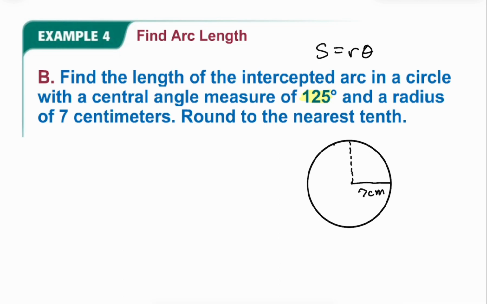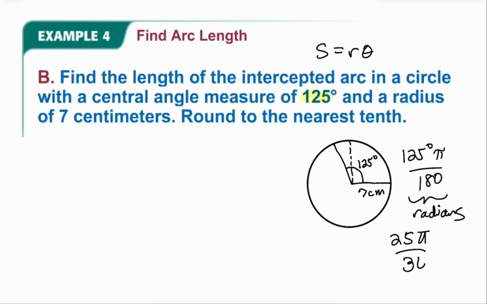So 125, let's say, is something about like there. Now, 125 degrees, if you tack on a pi and put it over 180, you are going to get radians. So before we proceed in our formula, we have to have it in radian measure. So just tack on a pi, put it over 180, and we get that this is 25 pi over 36.